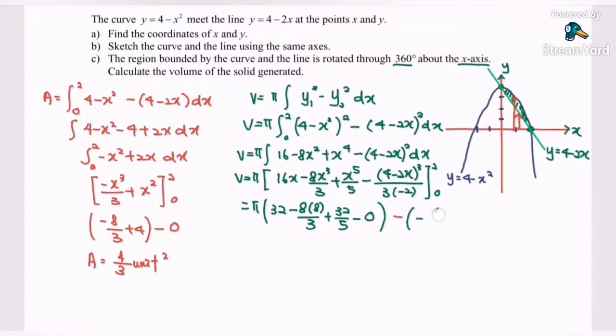We will have 64 over negative 6. So after we simplify the situation, we will have pi bracket 256 over 15 minus 64 over 6. So finally, we will have 32 pi over 5 unit cube as a volume. So here we are, and thanks for watching.